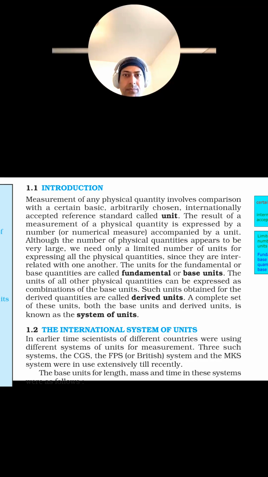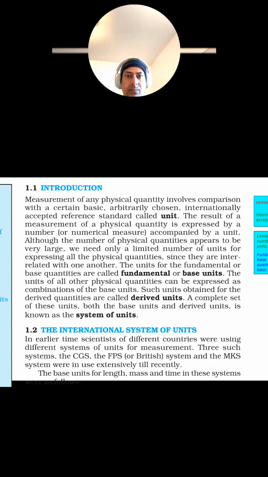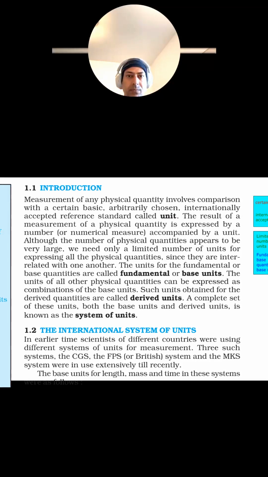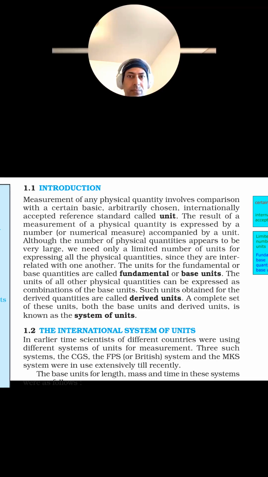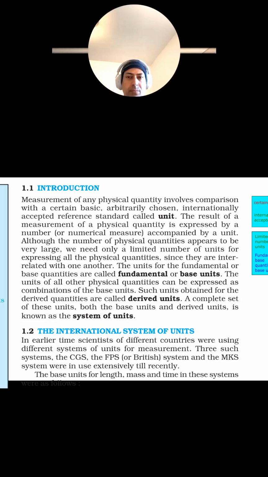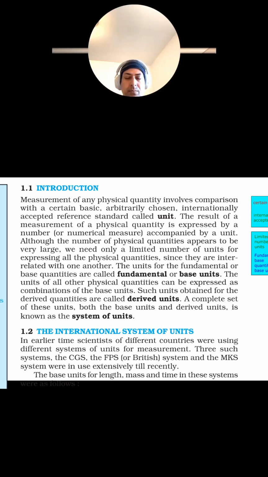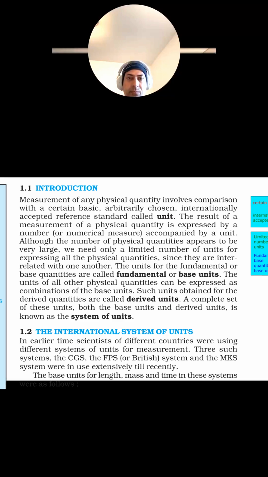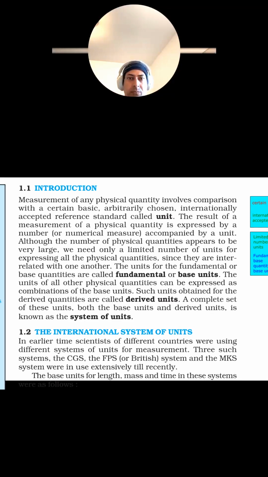The units of all other physical quantities can be expressed as combinations of the base units. Such units obtained for the derived quantities are called derived units. A complete set of these units, both the base units and derived units, is known as the system of units.